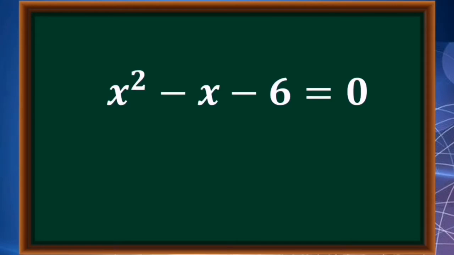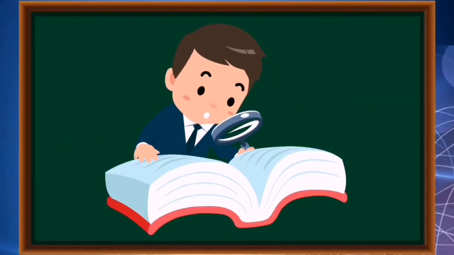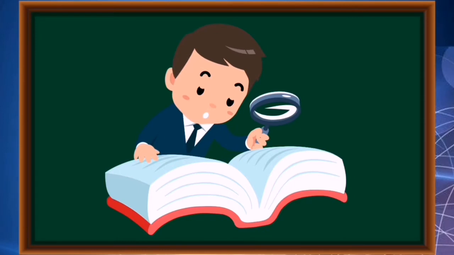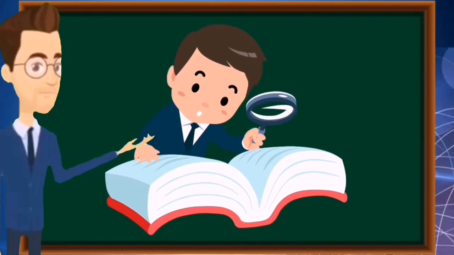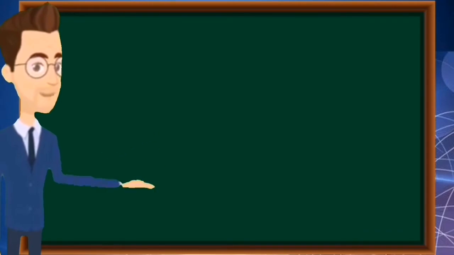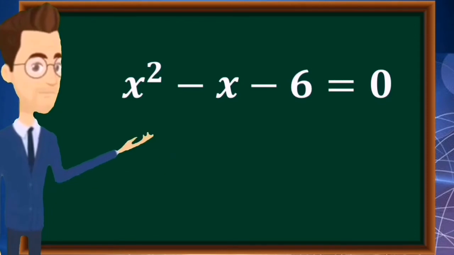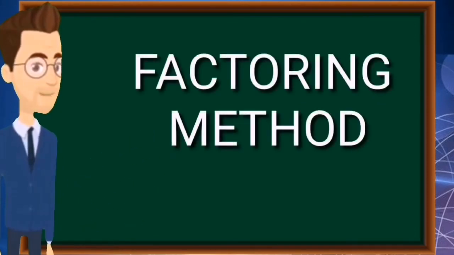Given the quadratic equation x squared minus x minus 6 equals 0, what are the roots? Let's check your answer. In solving quadratic equations, we have different methods to solve for the roots. But in the given equation x squared minus x minus 6 equals 0, we use the factoring method, which is the easiest way.